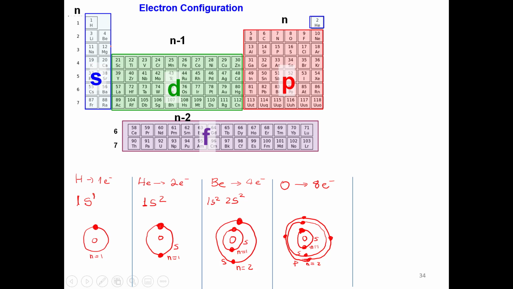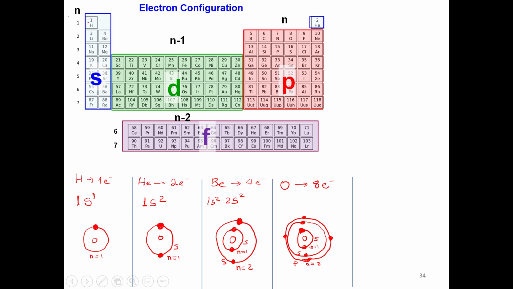Then here is the oxygen. The other shells must be completed. If the last electrons are in this shell, the other shells must be completed. We start from here, and we will stop here in oxygen.